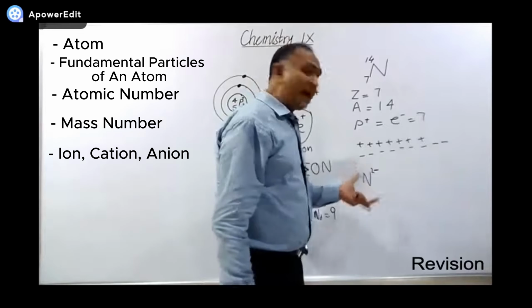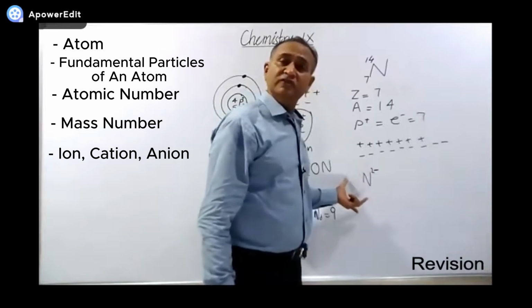So now this nitrogen is not neutral. It is carrying a charge, so it has become an ion again. But since it is carrying a negative charge, it is called an anion.